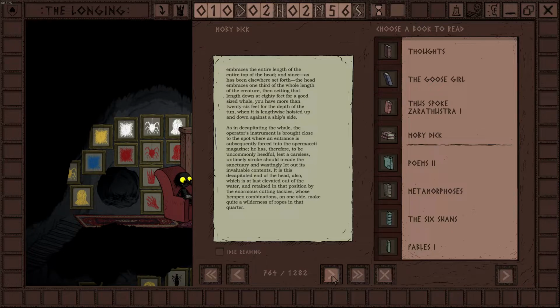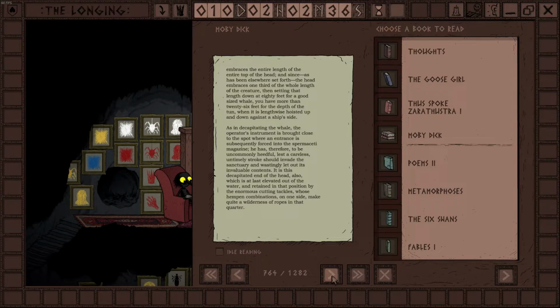As in decapitating the whale, the operator's instrument is brought close to the spot where an entrance is subsequently forced into the spermaceti magazine. He has, therefore, to be uncommonly heedful, lest a careless, untimely stroke should invade the sanctuary and wastingly let out its invaluable contents.